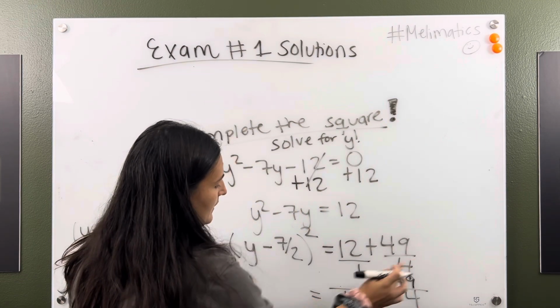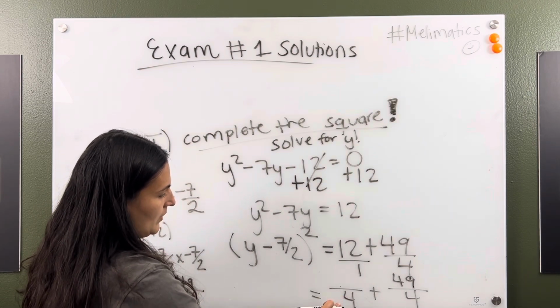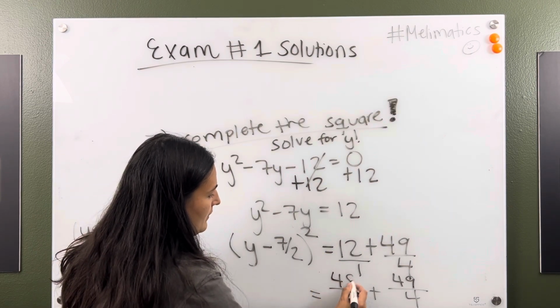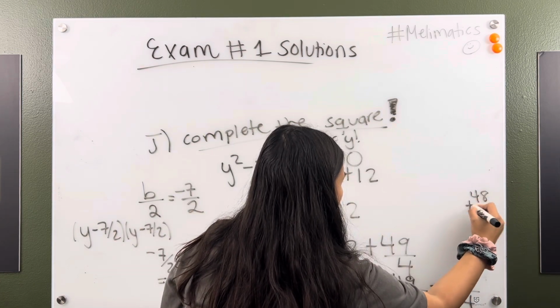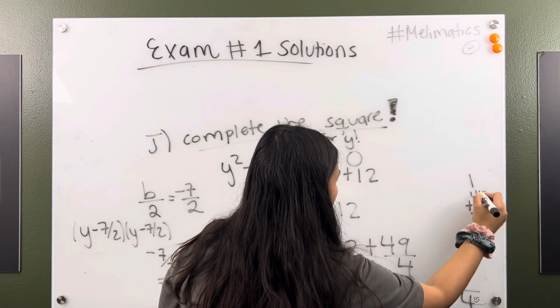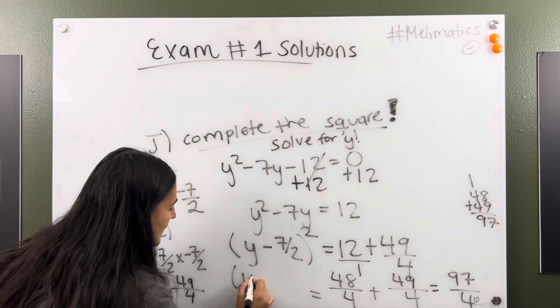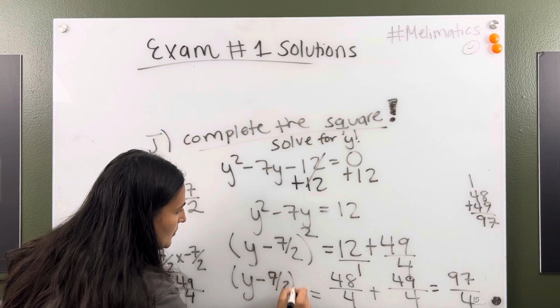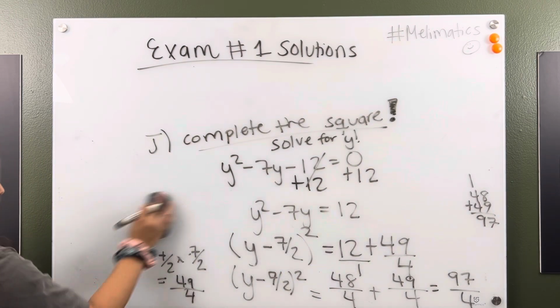This guy's going to stay the same, and this one is changed, right? So what is 1 times 4? 4. So do 12 times 4, which is 48. So then let's do the math. Okay, that means that we got y minus 7 over 2 squared is 97 over 4. Okay, are we done yet?